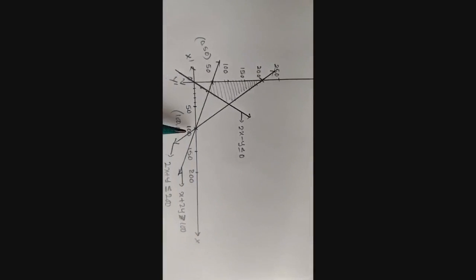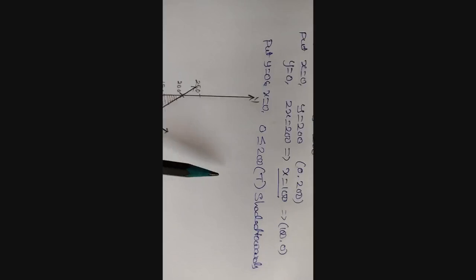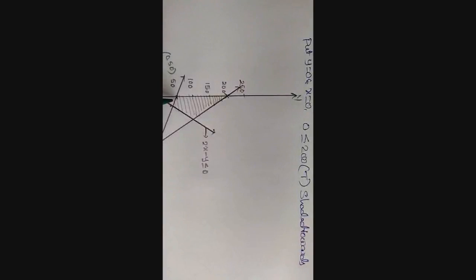Similarly, the second line has 0 comma 0, 10 comma 20 and 20 comma 40, and the third line has 0 comma 200, y axis 200 maximum here, and 100 comma 0, x axis is 100. If you take these coordinates, we draw a graph like this. The shaded region is away from the origin, the shaded region is towards the y axis, and the shaded region is towards the origin. So in this region all the lines meet together.